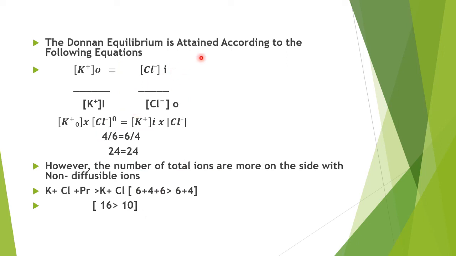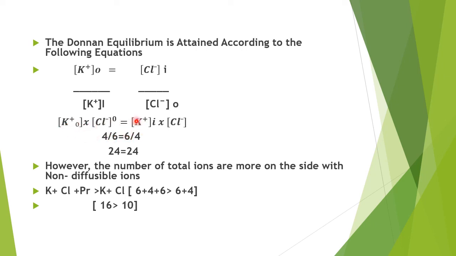A Donnan equilibrium is attained according to the following equation. You have potassium outside, potassium inside, chloride inside, and potassium chloride outside. Now we have a situation where outside it is 4 and 6. That is, 4 is potassium, 6 is chloride.